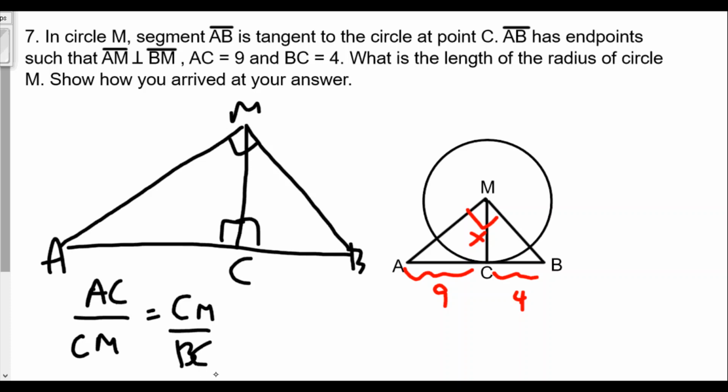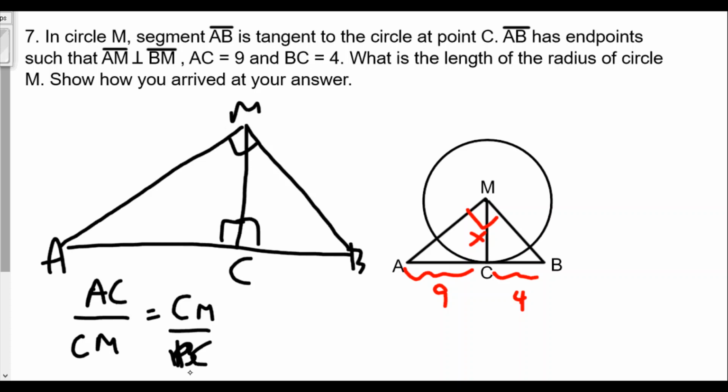This is something from before, from the lesson on when an altitude is drawn to the hypotenuse of a right triangle. We know the triangles formed are similar to each other and to the original large triangle, and the sides create proportions, this being one of them.